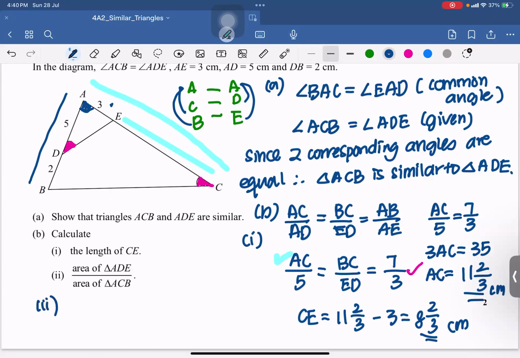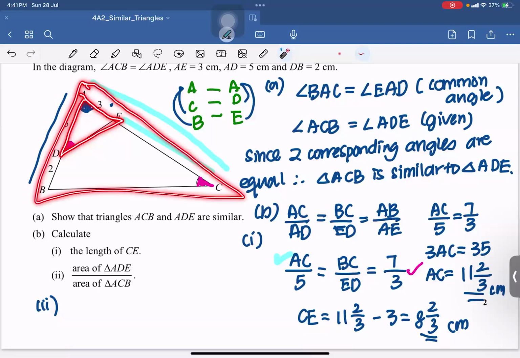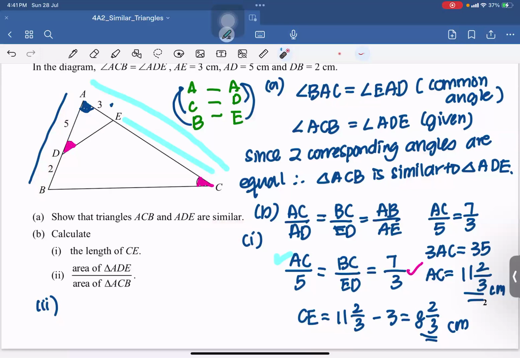Part 2. Now they want me to find the area of triangle ADE over the area of triangle ABC. They are not overlapping, okay, maybe some sides, but do not have a common height. So I do know that they are actually similar to each other. So when the triangles are similar, we should take the ratio of their length. Okay, the ratio of length is 7 over 3.